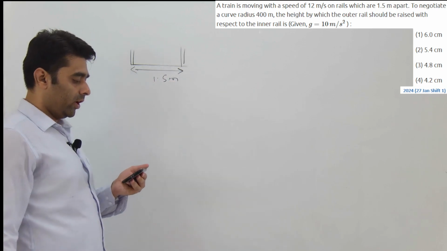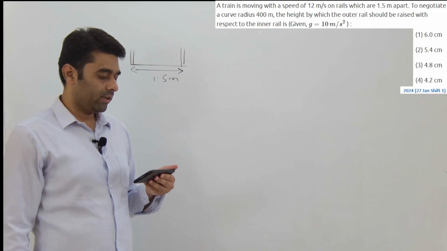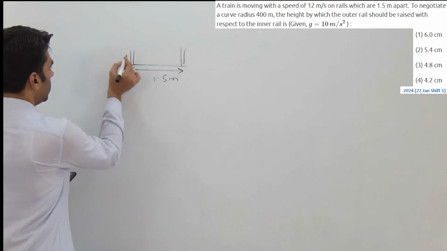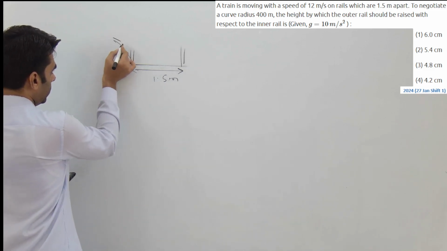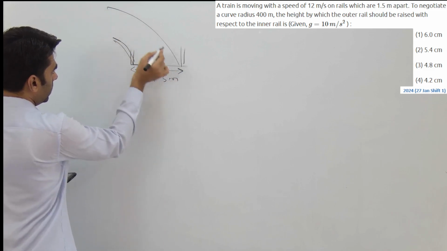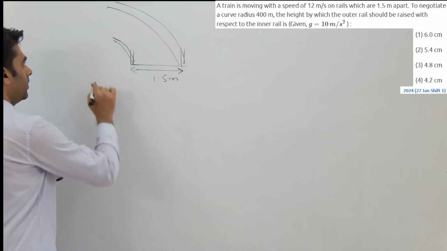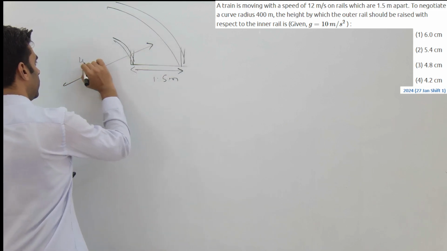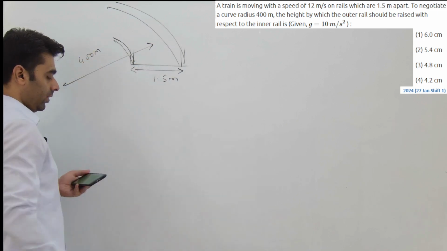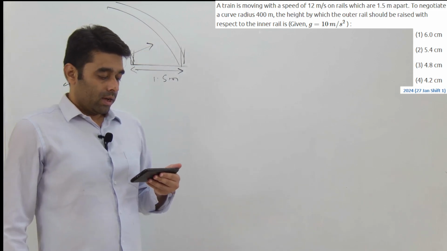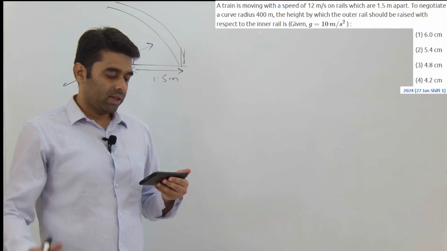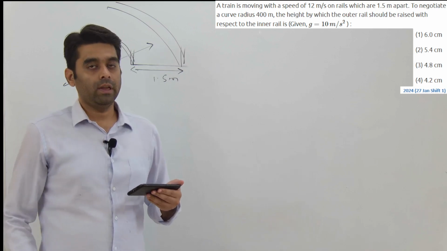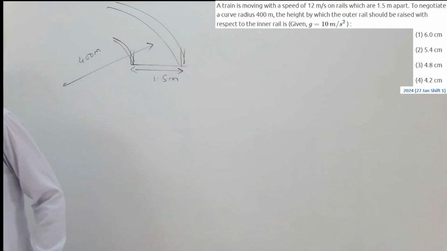To negotiate a curve of radius 400 meter, basically we have this situation. 400 meter radius is there. The height by which the outer rail should be raised with respect to the inner rail is... This is what they are asking.